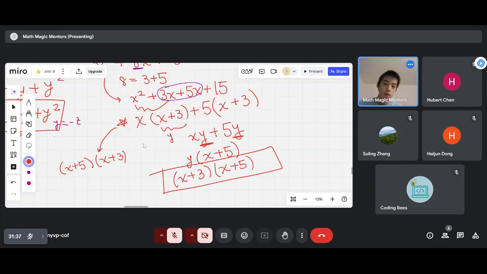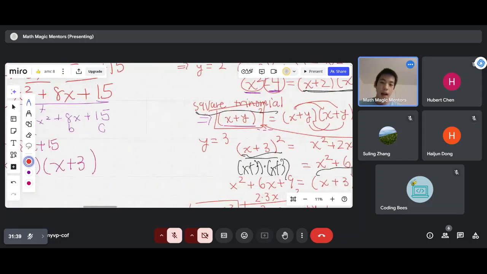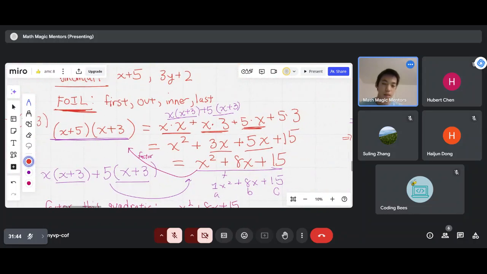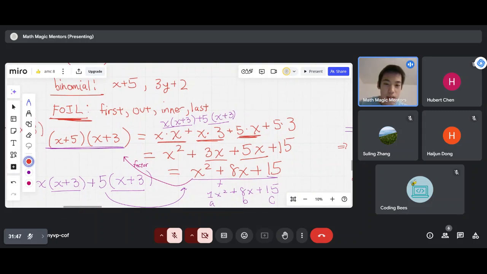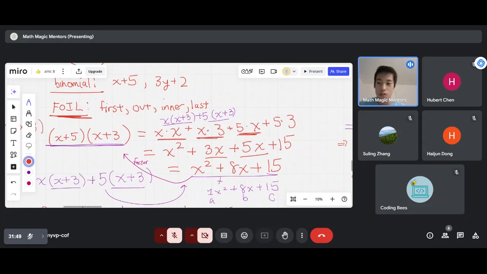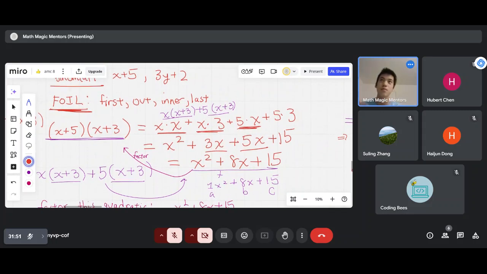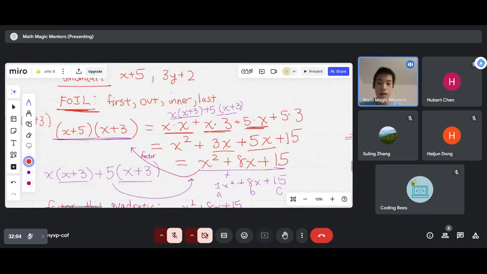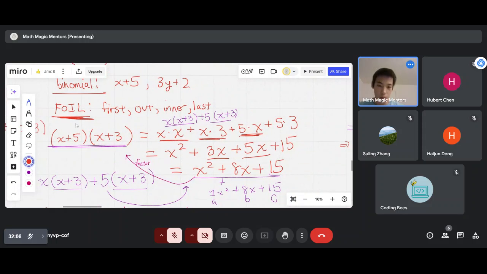Because if we looked back at the FOIL-ish expression, I wouldn't recommend FOIL, because it would seem mechanical when you're multiplying expressions with more terms. But basically in this example, remember how we can distribute x to x plus 3 and 5 to x plus 3, right?